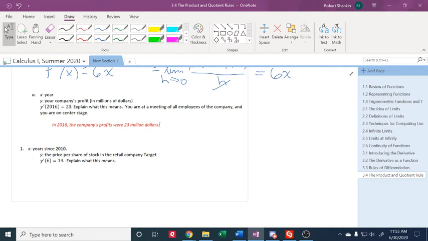Is that the correct answer? And let me ask group 6 on this. Is this the correct answer?